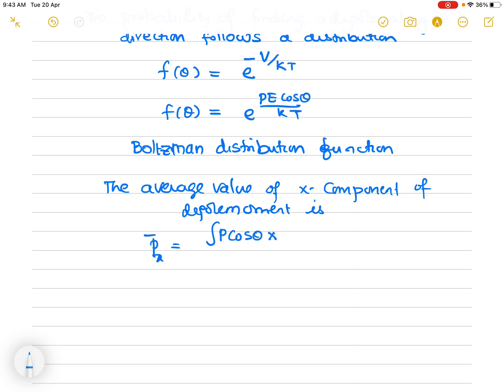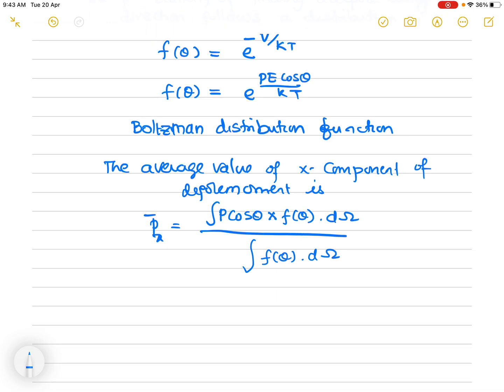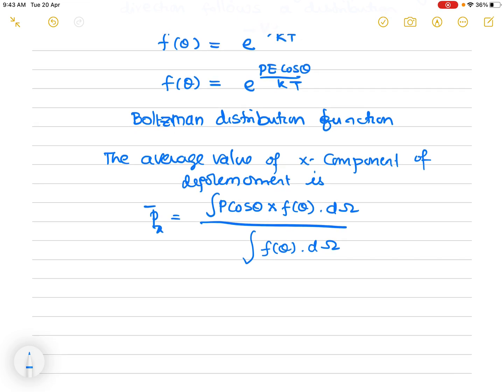All the dipoles in a solid angle d omega, where d omega is 2 pi sine theta d theta. Now in a sphere, the solid angle, theta goes from 0 to 1.